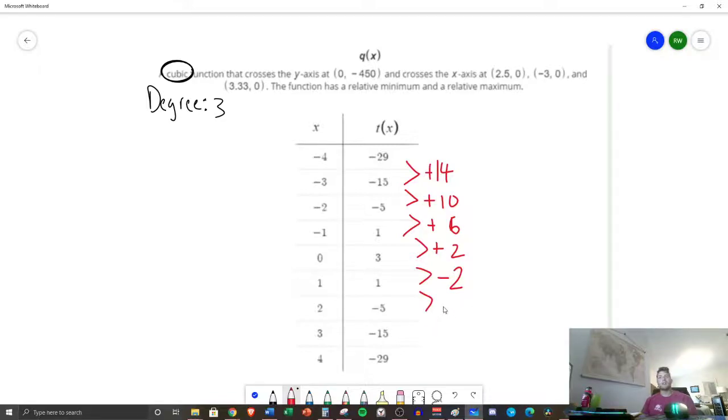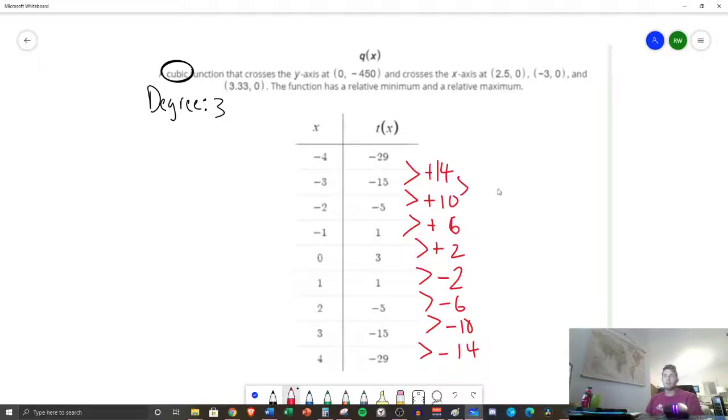Here to here, that is minus 6. Then from here to here, minus 10. Here to here, minus 14. We can start to see a pattern that's occurring, but what we were looking for, if you remember from the video and from the notes, is constant values in this column, and we don't have that yet. So we know that it's not linear.